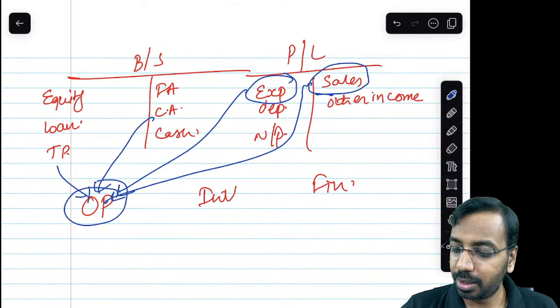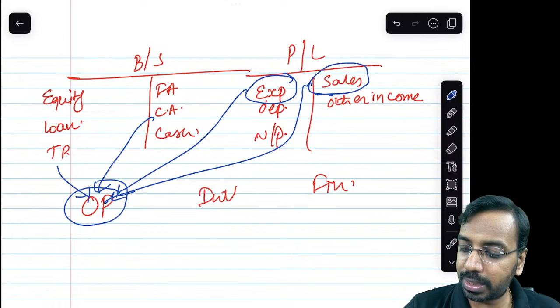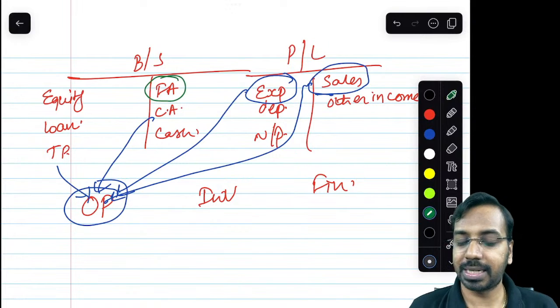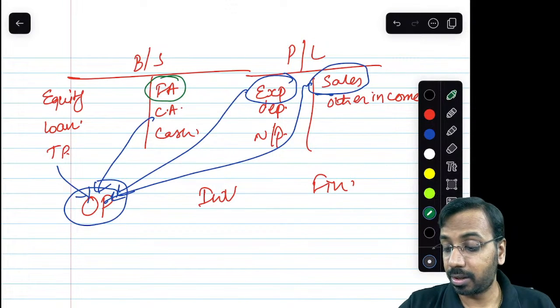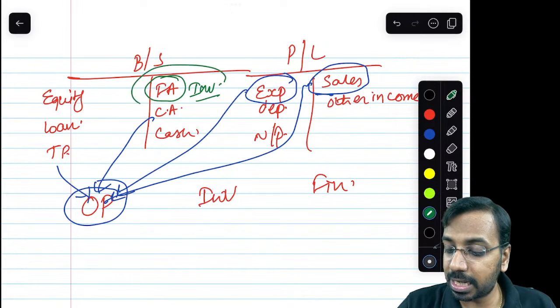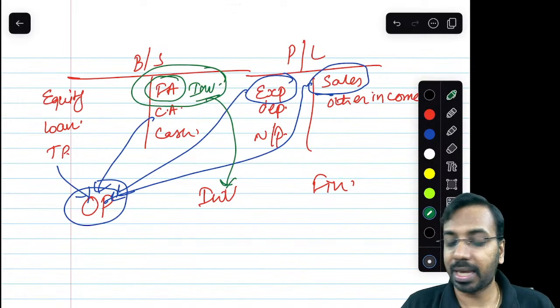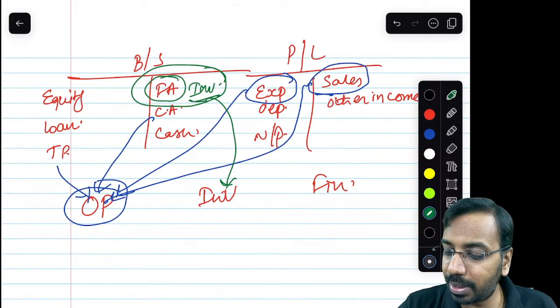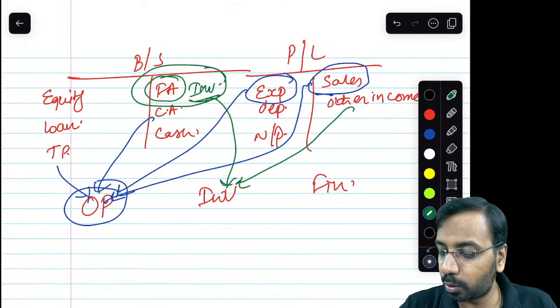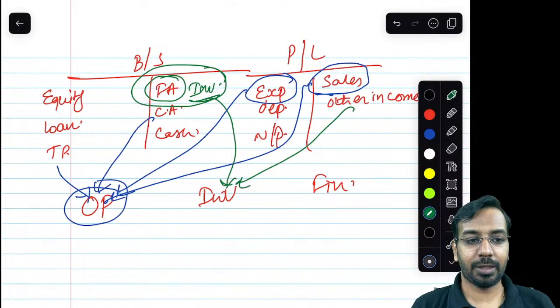Then if it is something to do with acquisition of a fixed asset, or I have made certain investment where I am investing money, these cash flows are called investing cash flows. And any income related to this, where I have made investment and from that investment I got other income, that also becomes my investing activity.